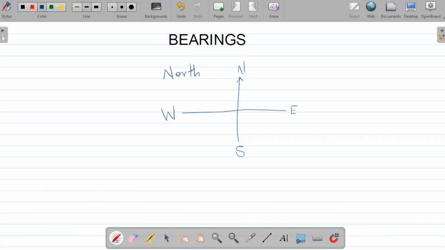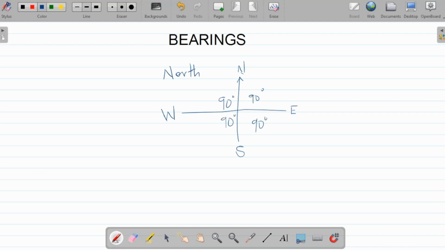Take note that the angles between each of these cardinal points, north, east, south, and west, are 90 degrees. The angle between north and east is 90 degrees, between east and south is also 90 degrees, between south and west is 90 degrees, and between west and north is also 90 degrees.